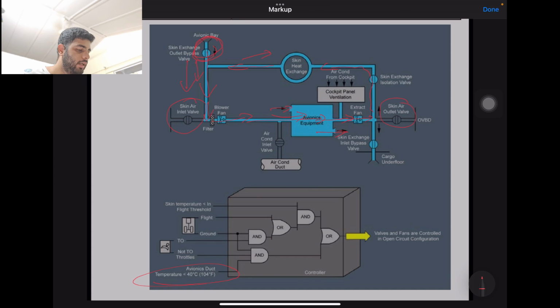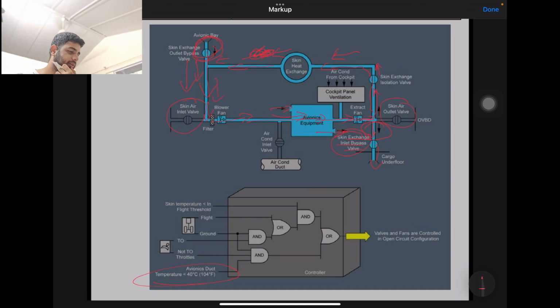These are all avionics and other compartments also. Air is going through that. And then again you can see out here air is bypassing the skin heat exchange, so it's called a skin exchange inlet bypass valve. Some air also goes out here to the skin heat exchange, and it transfers heat, and that's how it keeps on circulating.